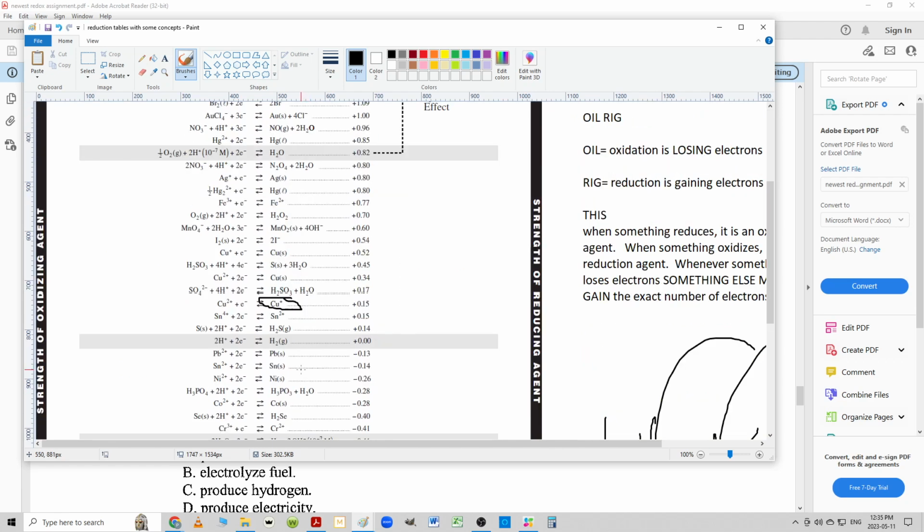It's odd not to include Cu2+. There it is there. I mean, you can reverse it and say it's 0.3. Now let's find gold and mercury. There's mercury, and there's gold.